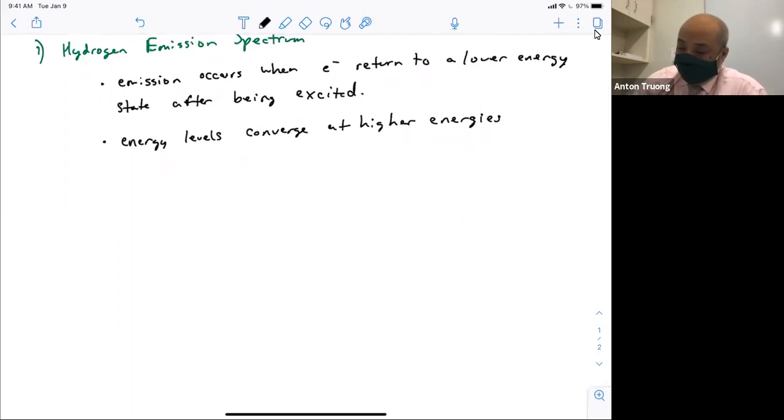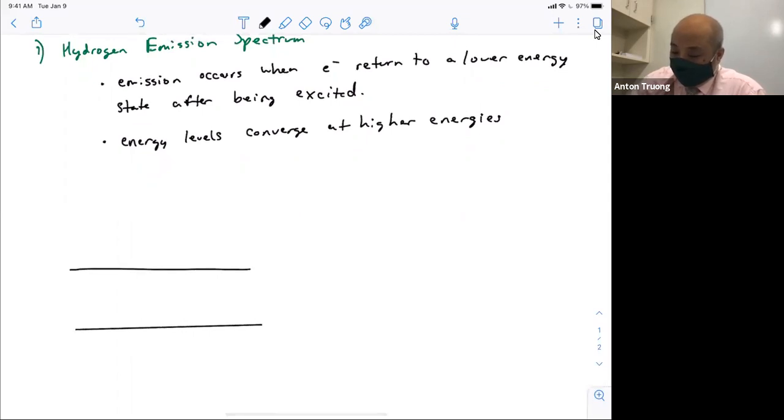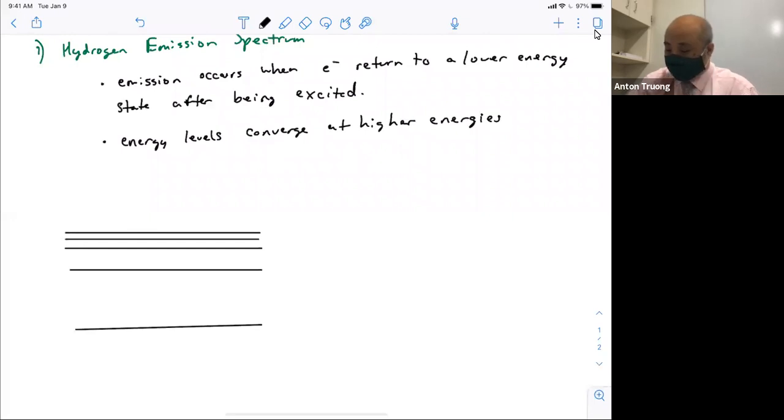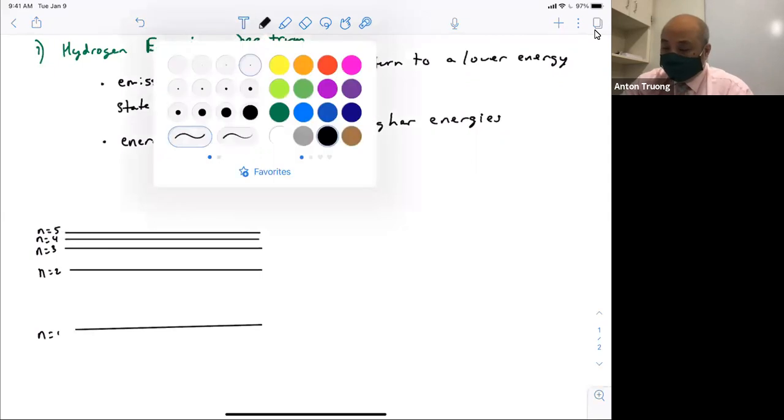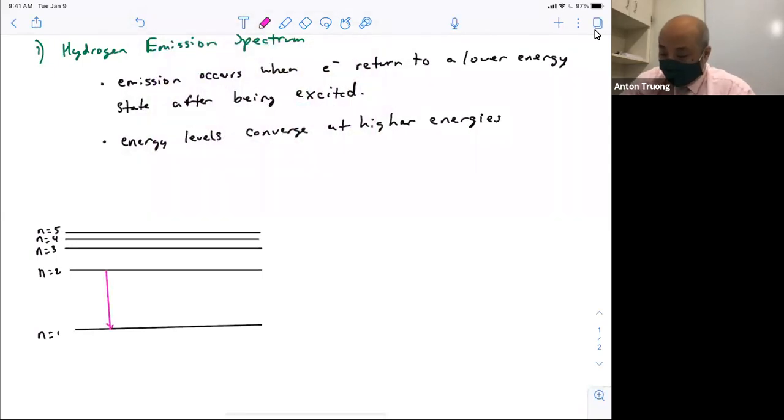And that's supported by the results of the hydrogen emission spectrum, because when they looked at the data, this is what the energy levels look like. You were able to observe the jump down from energy level 2 to 1 as an emission of UV light.